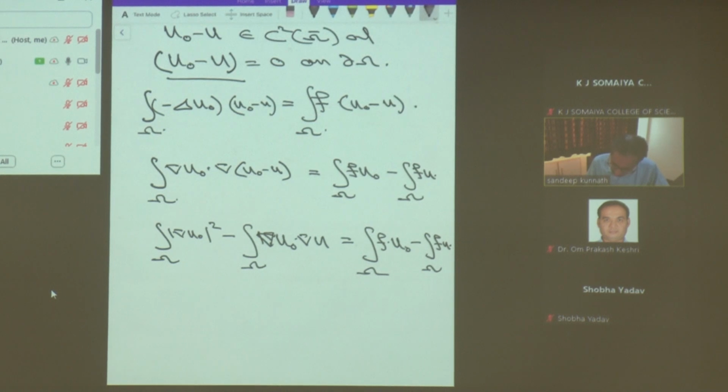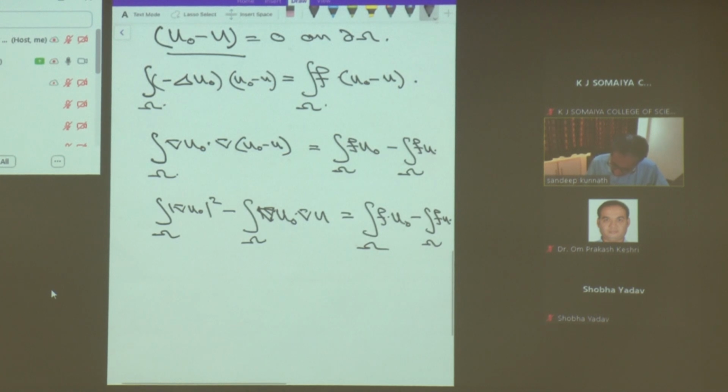Now I want to show that energy of u naught is smaller than or equal to energy of u. So let me rearrange it. This implies that integral over omega of gradient of u naught squared, minus integral over omega of f into u naught.